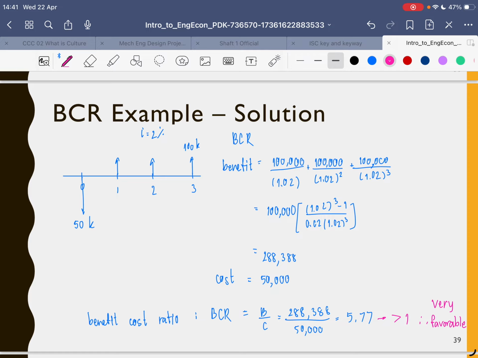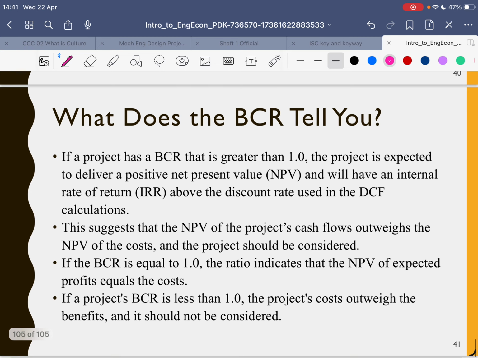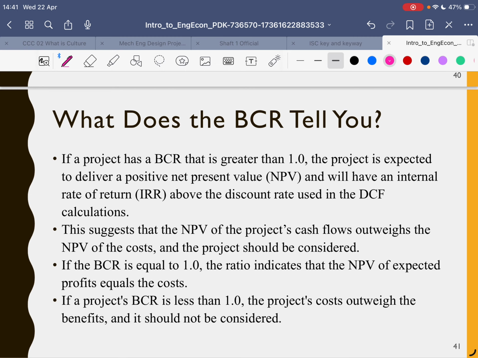This suggests that the net present value of project cash flow outweighs the net present value of the cost, and the project should be considered. If BCR equals 1, the ratio indicates that NPV of expected profit equals cost, and if it's lower than 1, the benefit is lower than cost.